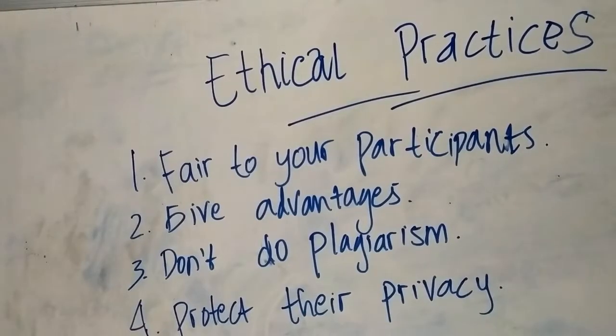These are examples of ethical practices in educational research. So the first one is being fair to your participants. It is like you are fair to the people who participate in your research. For example, if you're supposed to do interviews or research in two different classes, you have to be fair with your participants, although they are from two different classes or maybe different backgrounds.